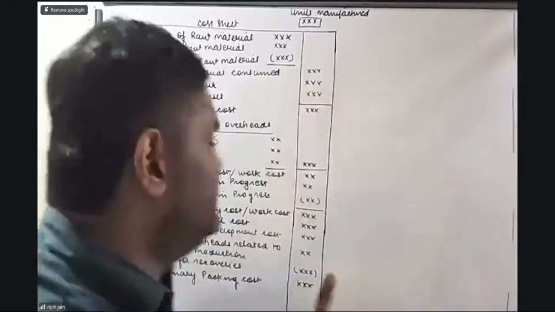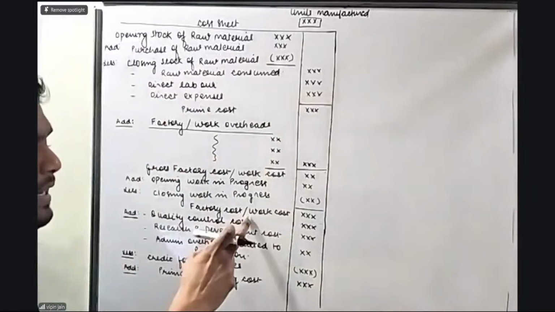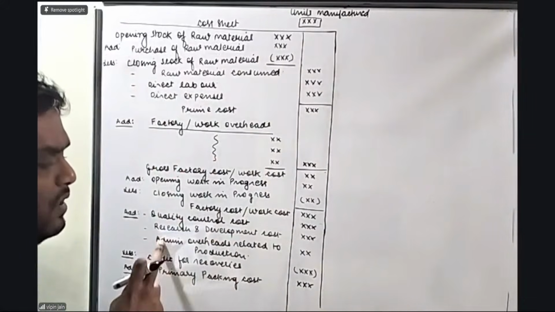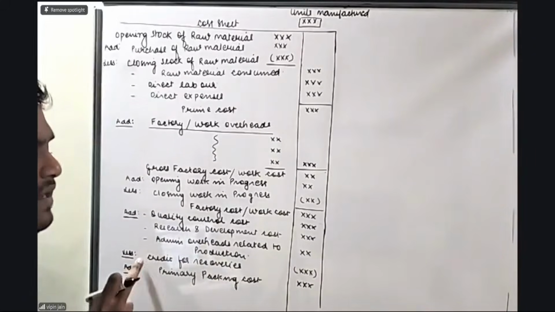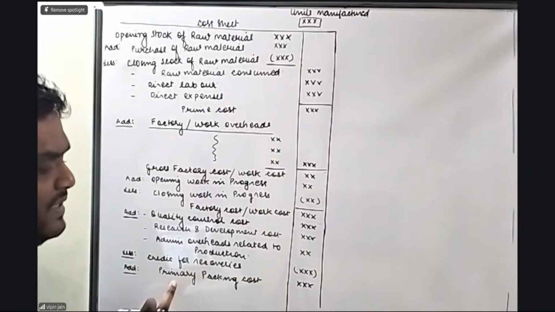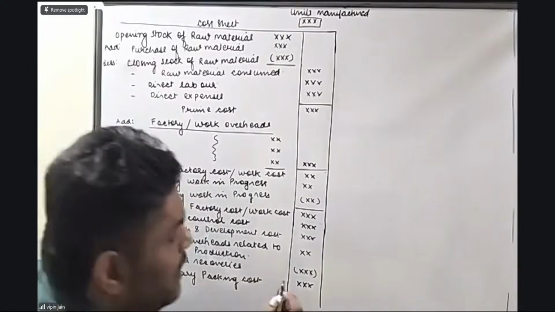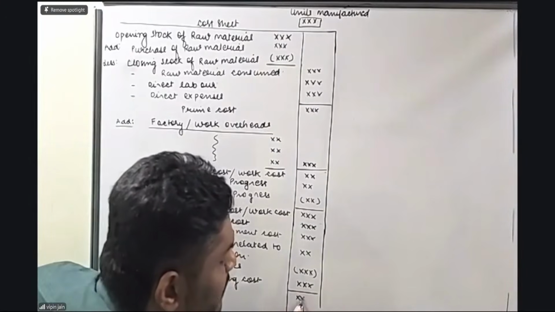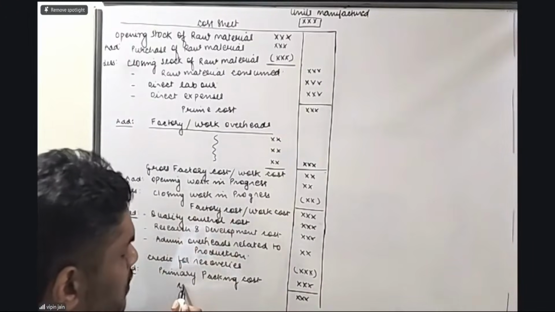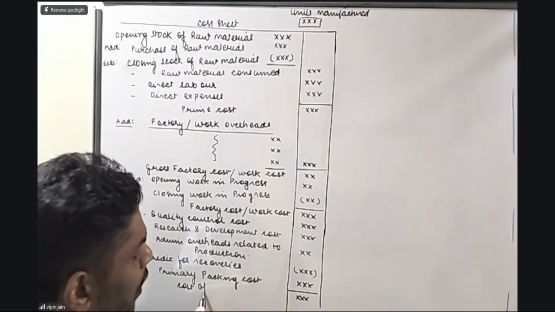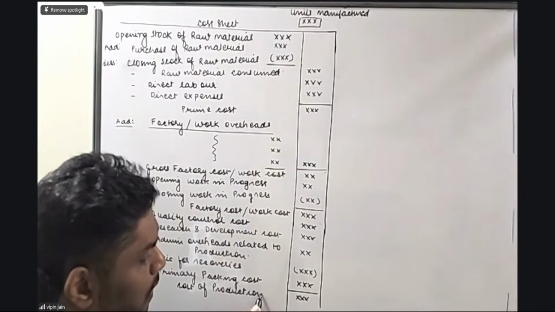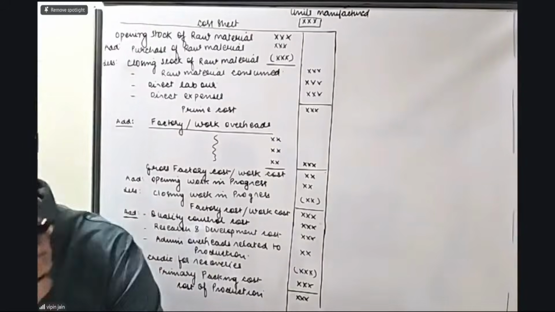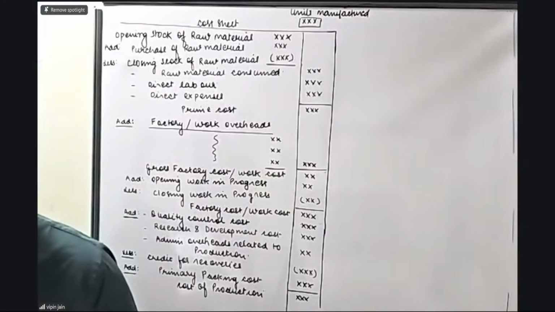So these five adjustments: first is quality control cost, research and development cost, administration overhead related to production. We will subtract the credit for recoveries, and then we will add primary packing cost. And the total we will be getting is my cost of production.